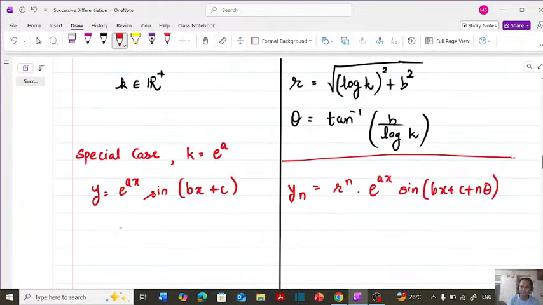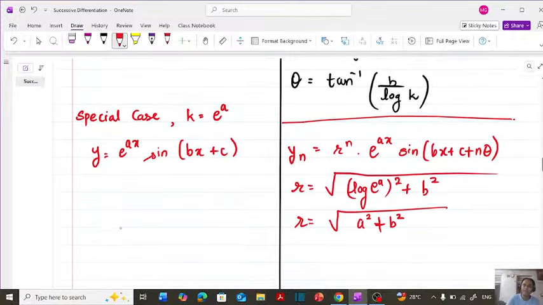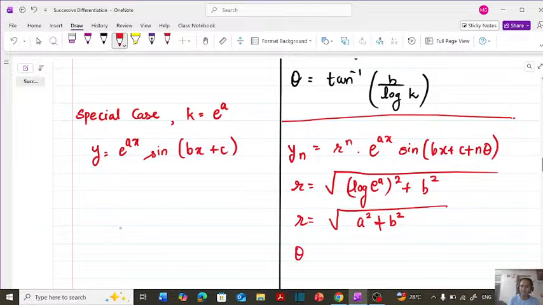Now what about r? R is going to be, instead of k you have log e to the power a, square, right? And this is b square. So if you simplify this, it becomes a square plus b square, and theta becomes tan inverse, right?